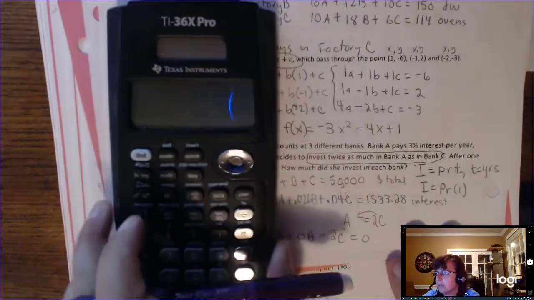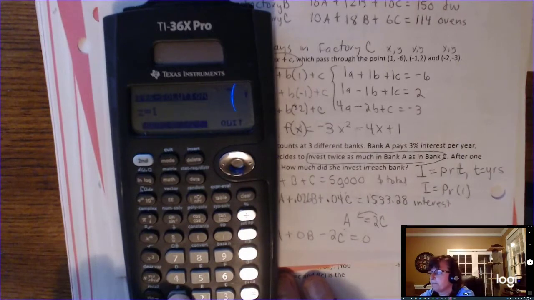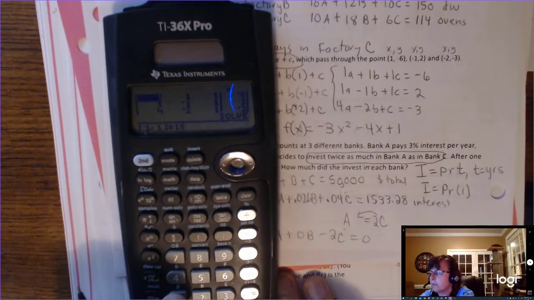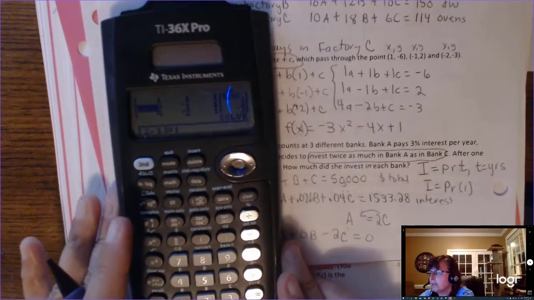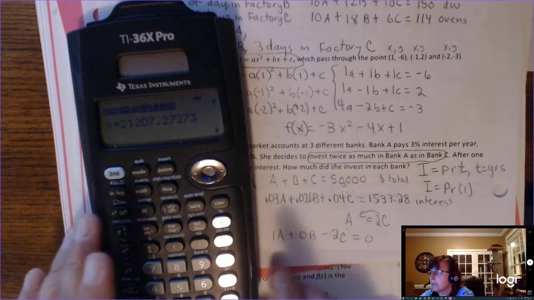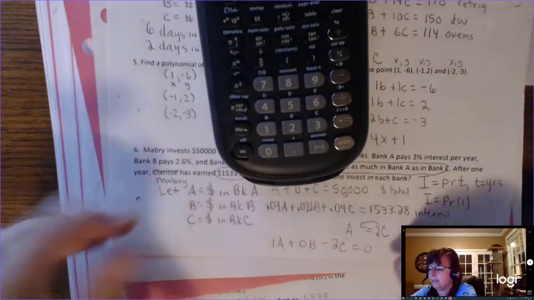Let's see what we come out with here. So we have 1, 1, 1, 50,000, and 0.03, 0.026, 0.04, 1533.28, and 1, 0, -2, and 0. And you get some nasty answers.